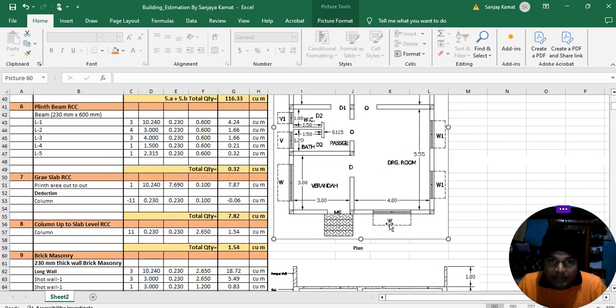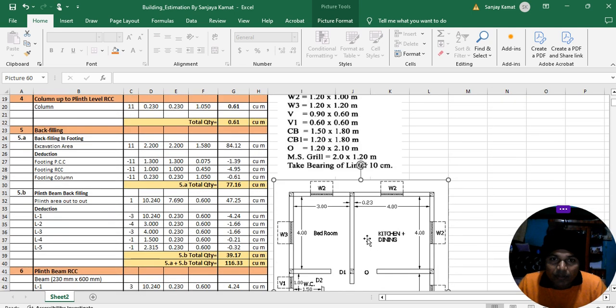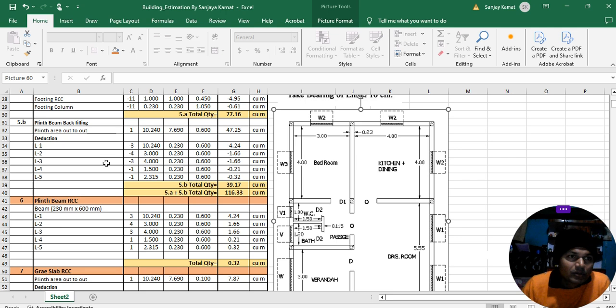This outer part is a window, and this is also a window. Okay, this is the plan.